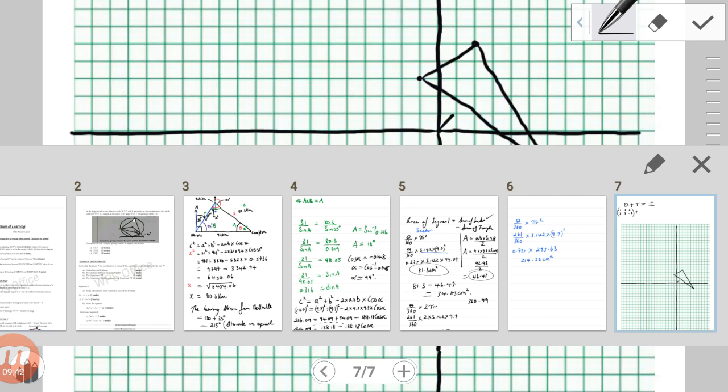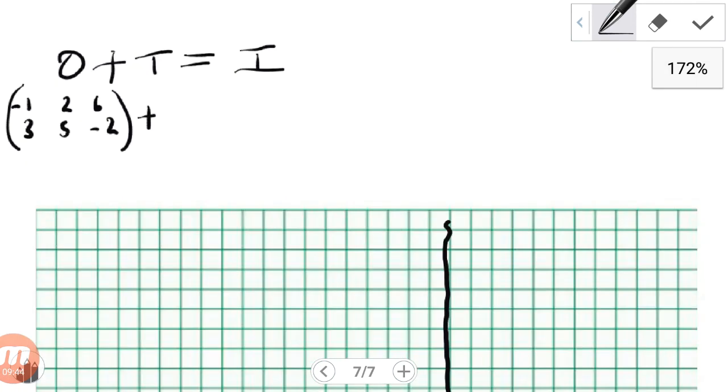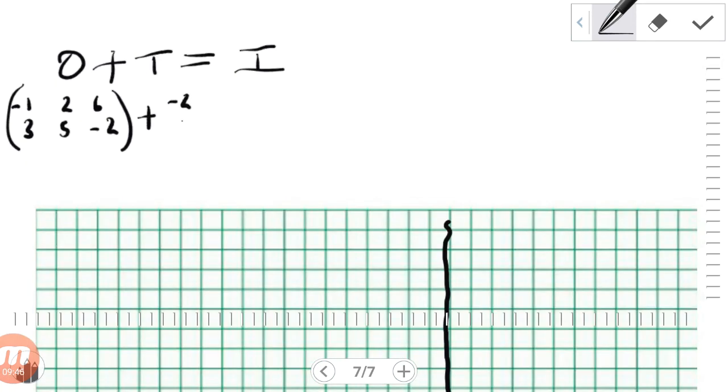So that's -2, 3. All right, so that's the formula for translation. We're going to be adding each of the x ordinate values to the x value of the translation vector. So that's -1 plus -2 gives us -3.